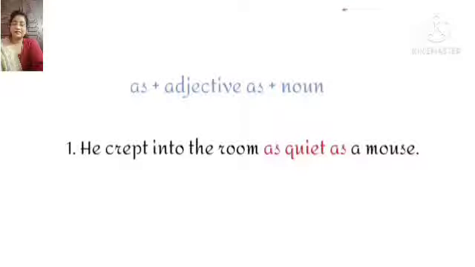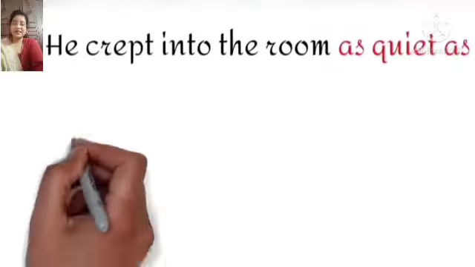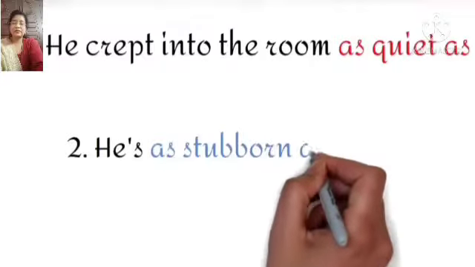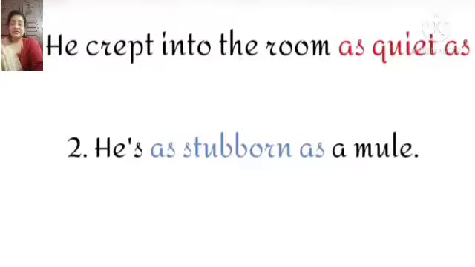So we can say he crept into the room as quiet as a mouse, or you can say he crept into the room like a mouse. Next example, he is as stubborn as a mule. So here we are comparing the quality stubbornness in both the person and the mule. So we can say he is as stubborn as a mule.